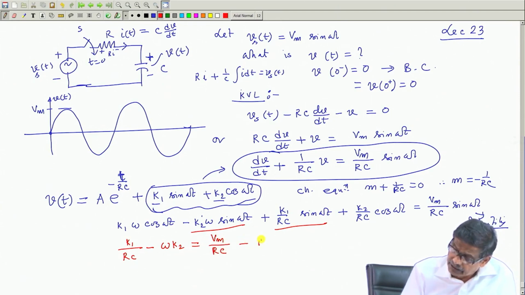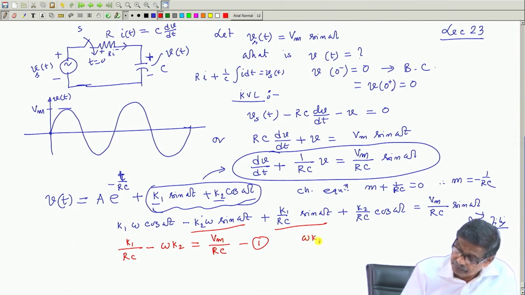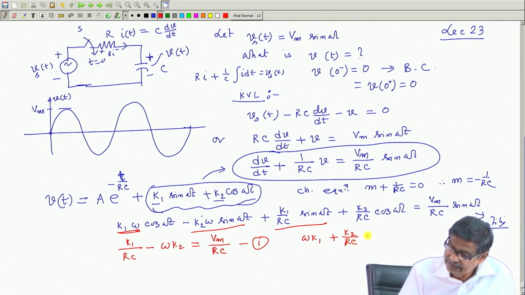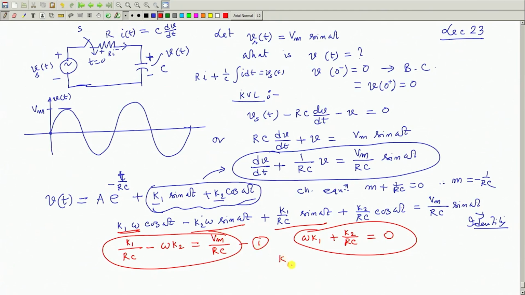This is equation 1, and similarly equate the coefficient of cosine omega t, which will be omega k1 plus k2 by RC, and this has to be equal to 0, because there are no cosine terms. So, these two equations can be solved to give you the value of k1 and k2.